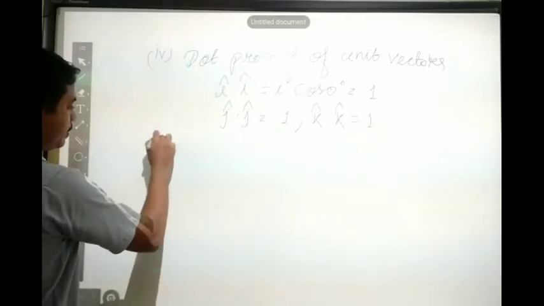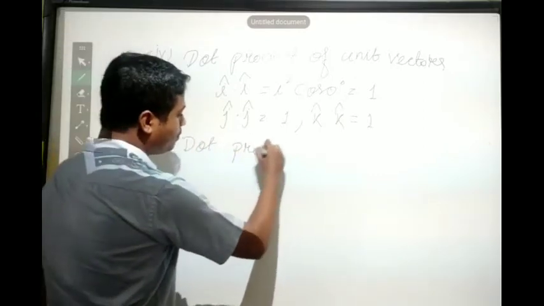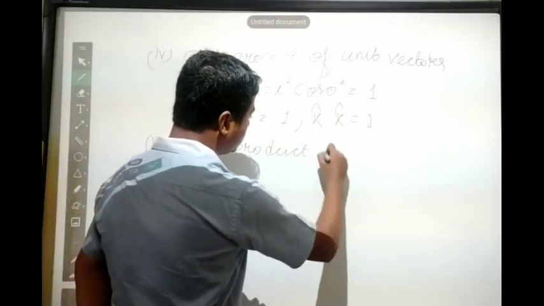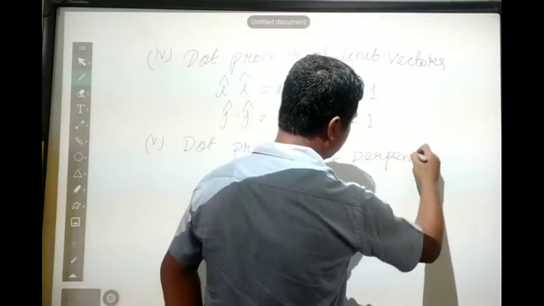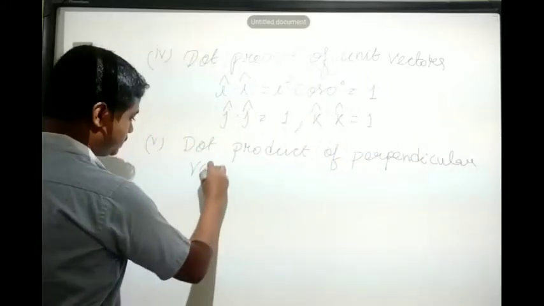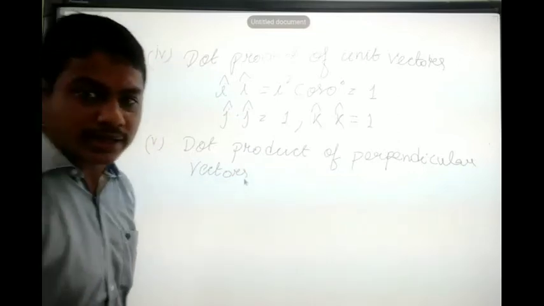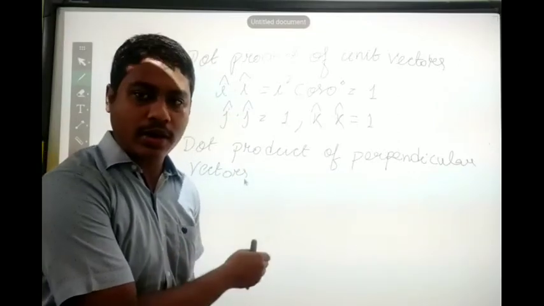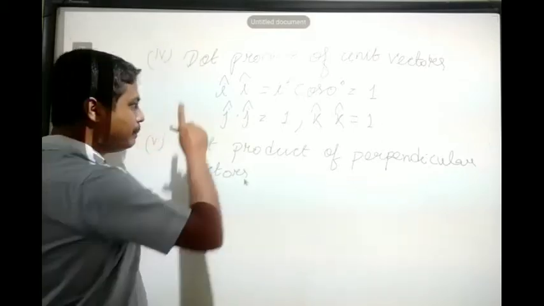Then property number 5, dot product of perpendicular vectors. As you already know, perpendicular vectors have an angle of 90 degrees between them.